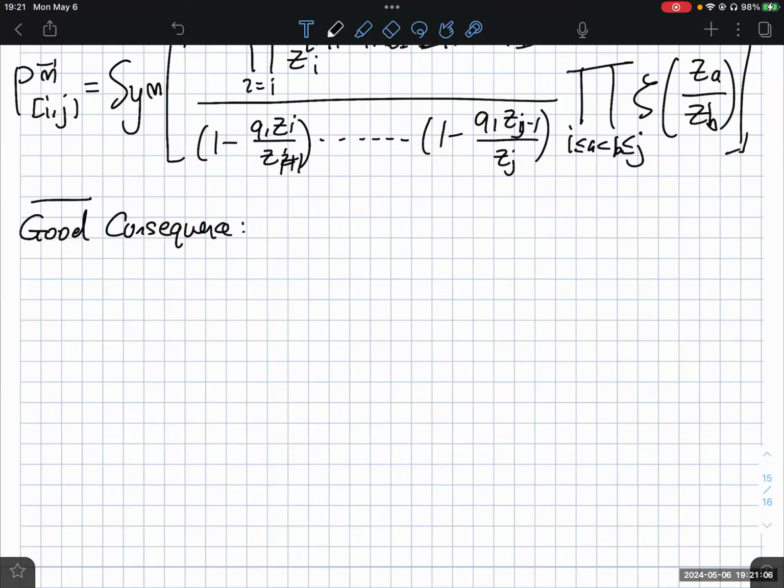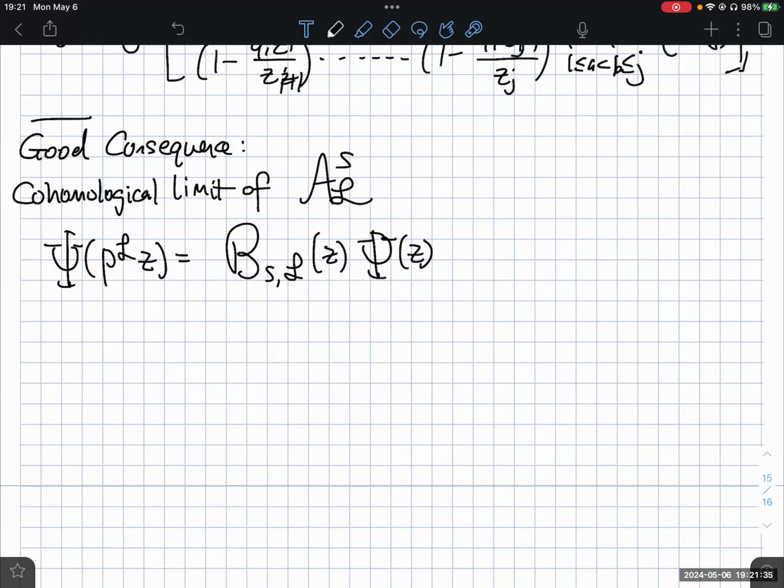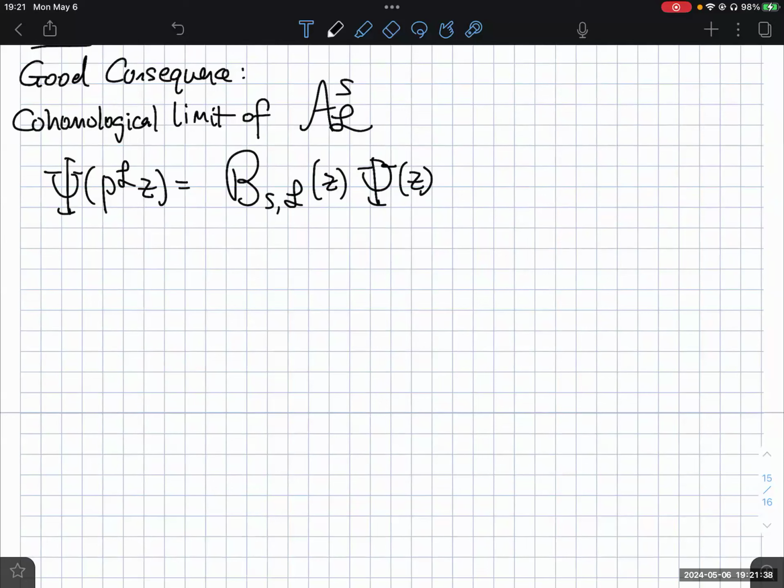The good consequence is on the cohomological limit of the difference equation of this quantum difference operator. So if we do the cohomological limit, it's like filling. We take P, Z, psi Z, and we take the limit as Q, T, P goes to 1.